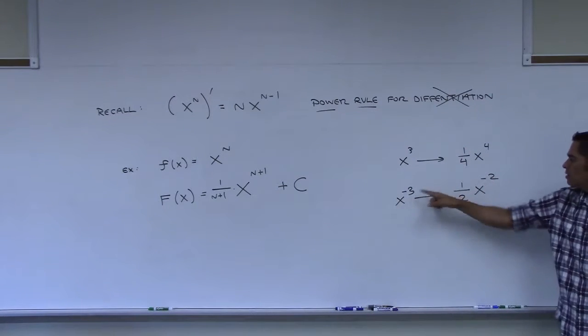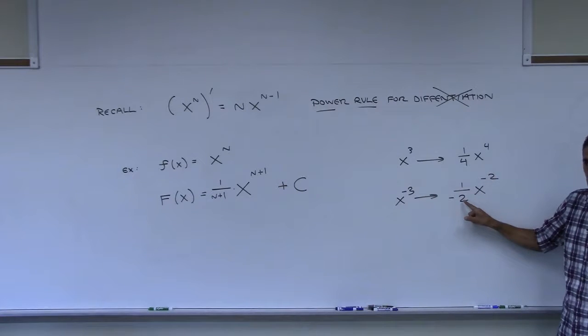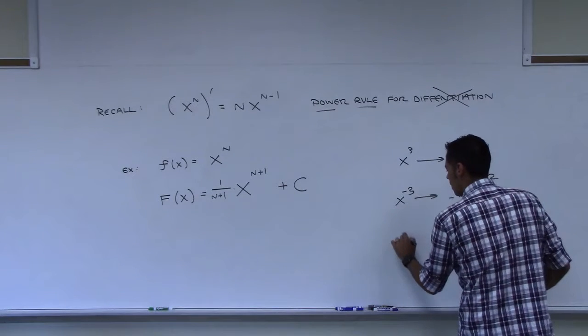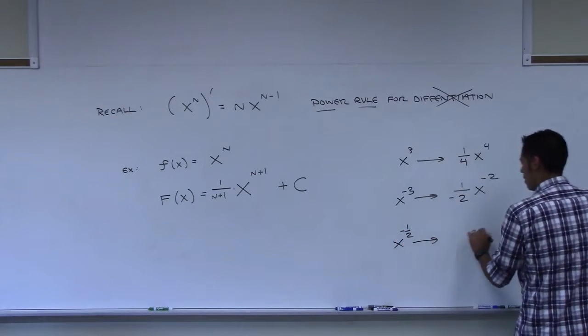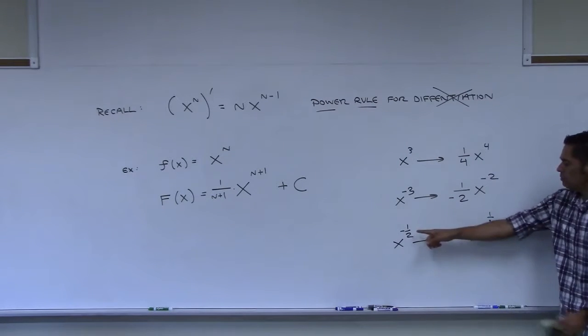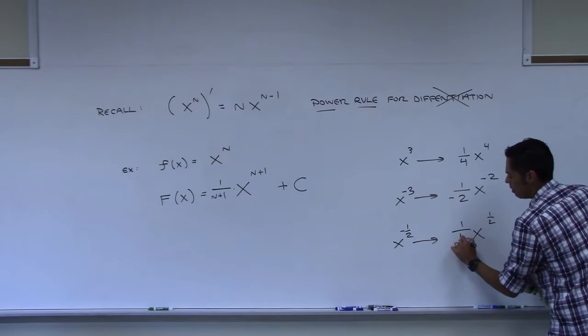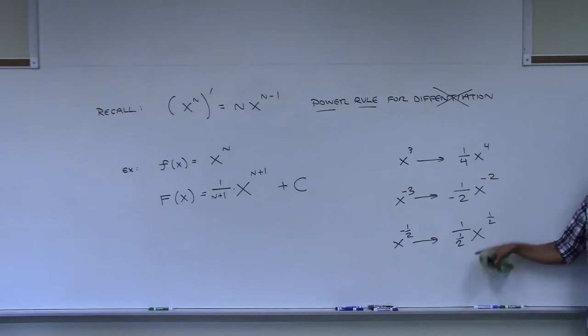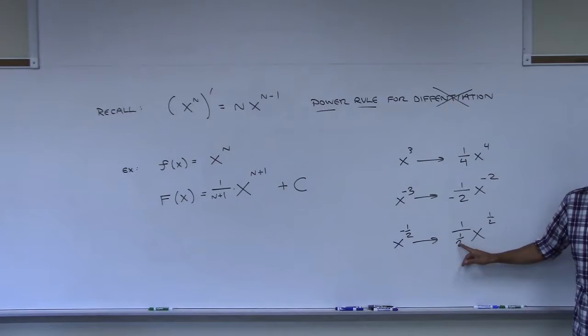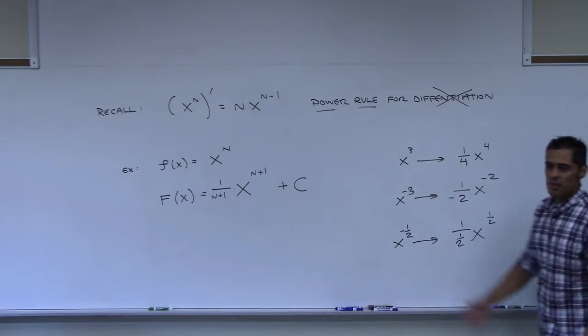Here, added 1 to the power, 1 over that power. When we had x to the negative 1/2, we added 1 to the power, and then we did 1 over that power. So there's the pattern. Do you see it? That's why I did it this way instead of writing 2. Right? So this is it.